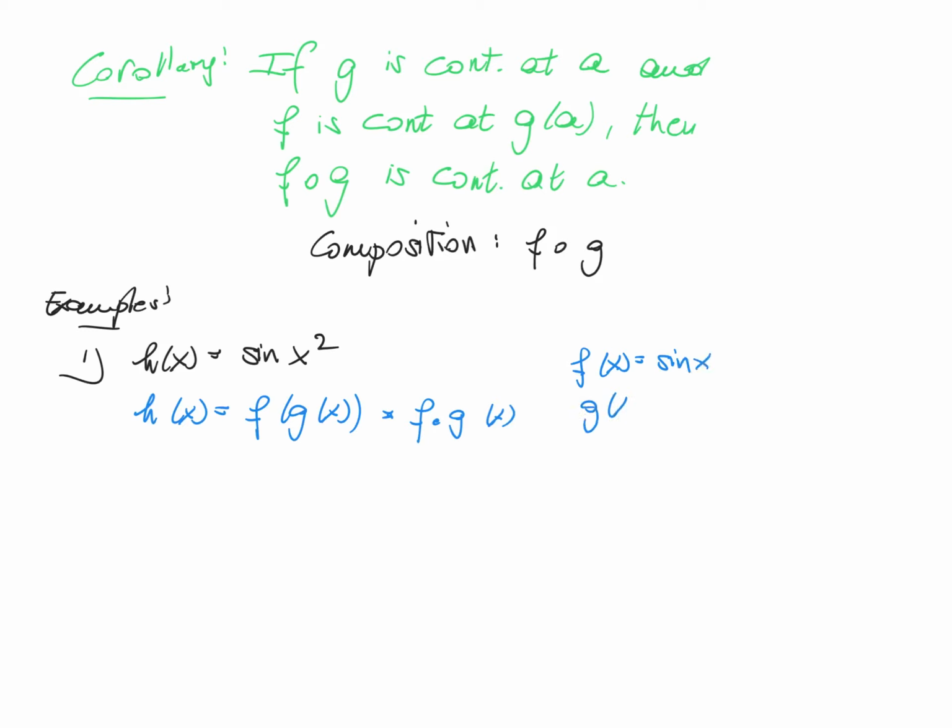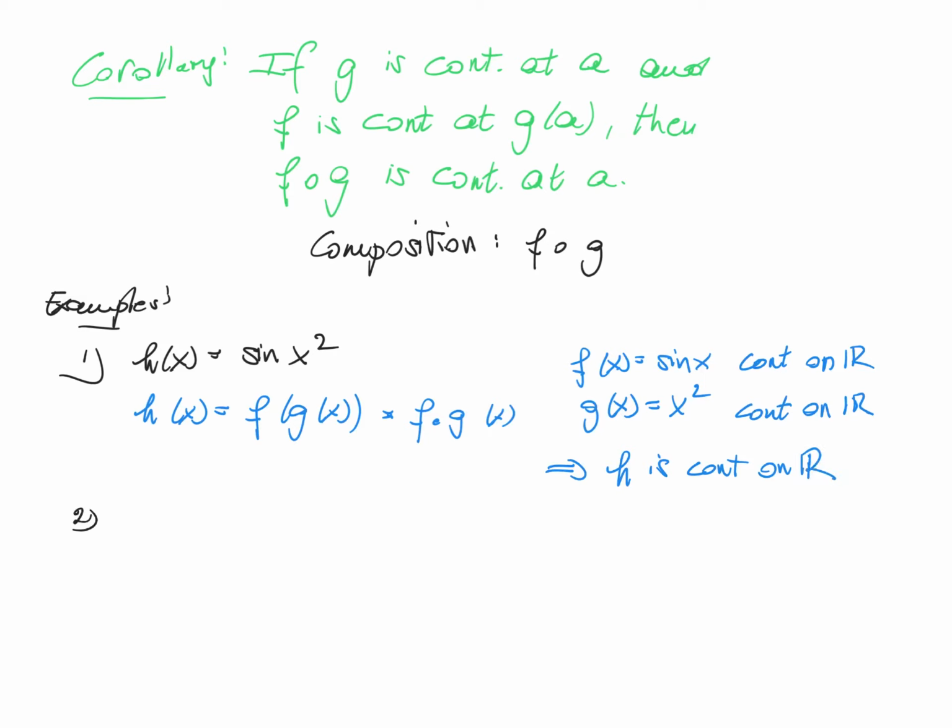The function g of x, the inner function, is x squared. We know that sine of x is continuous on its domain, so it's continuous on R because the domain for sine of x is R. And similarly, g of x, x squared, is also continuous on the entire range of R. So you can draw the function x squared without ever having to lift your pen. Since both of them are continuous, you also know that h will be continuous on the whole of R.